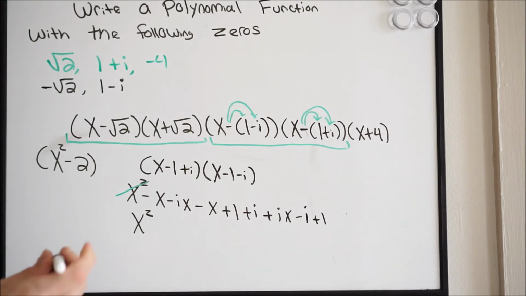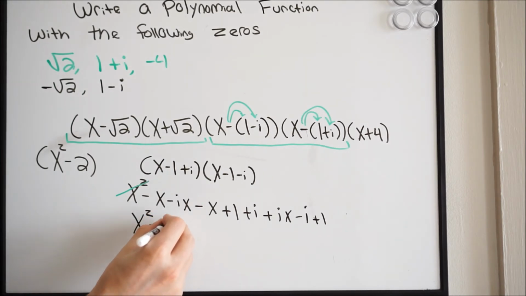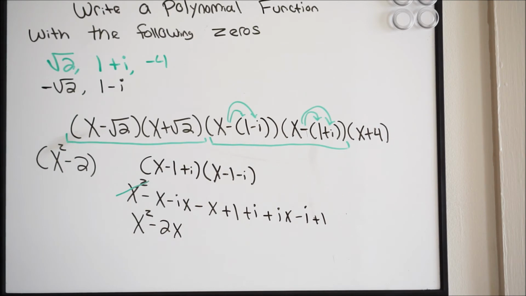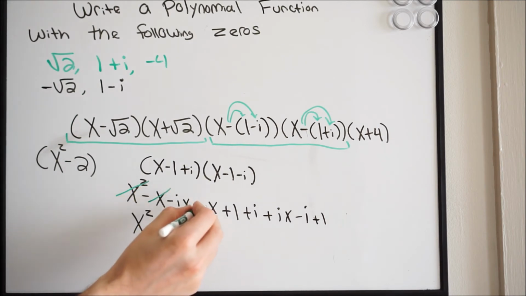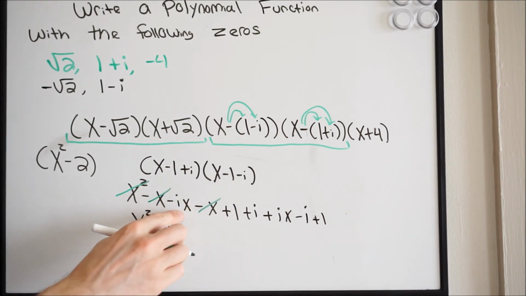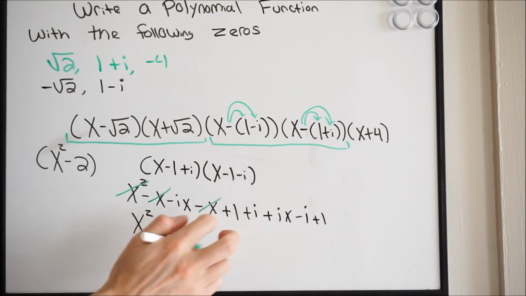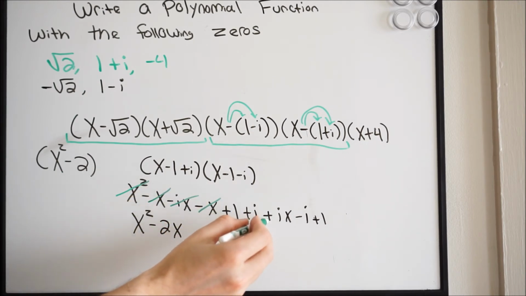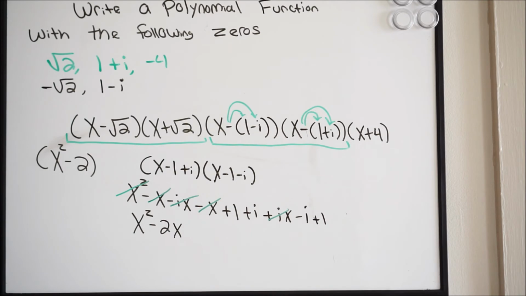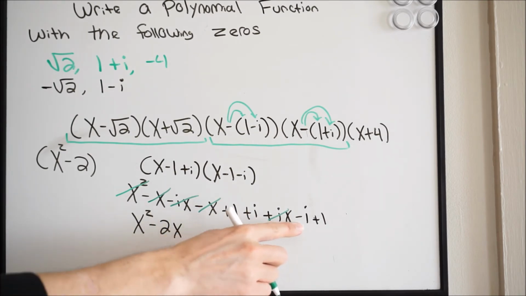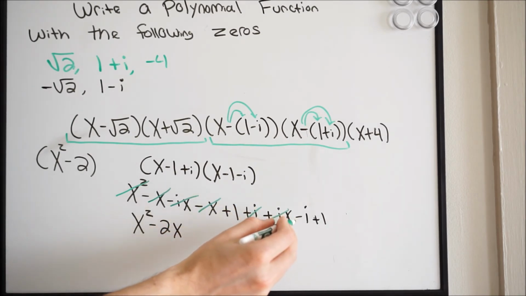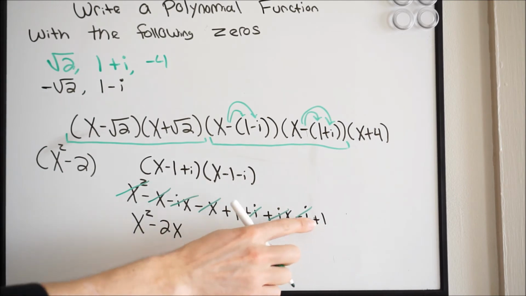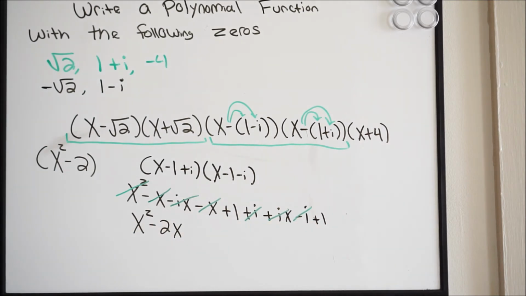That makes negative 2x. And notice here, negative ix and a positive ix, well, those will simply cancel each other out. I have an i and a negative i, same thing, they will cancel each other out. And then I have a 2 and a positive 2, so this will be plus 2.